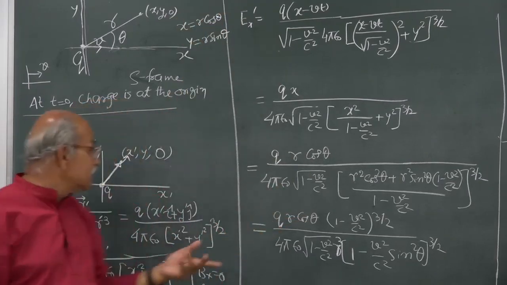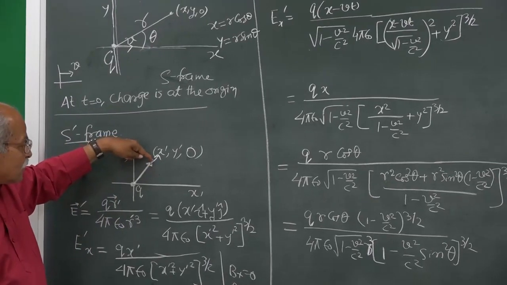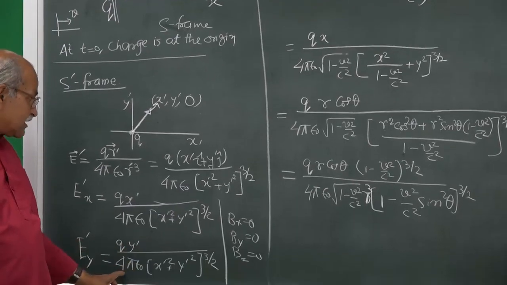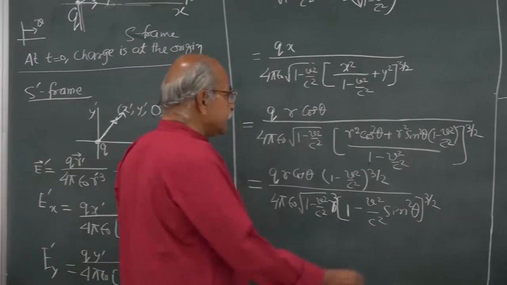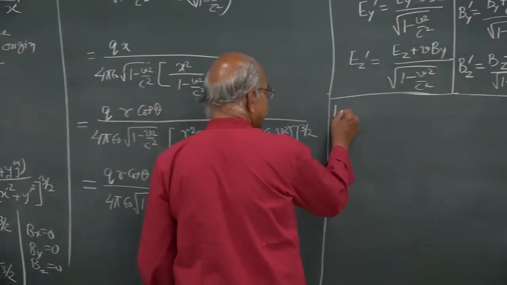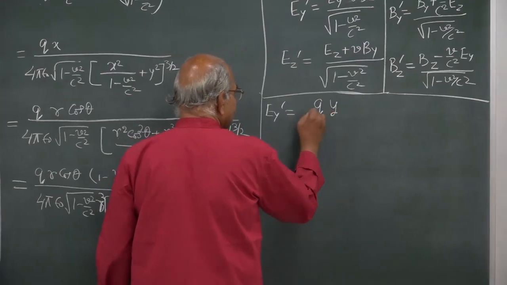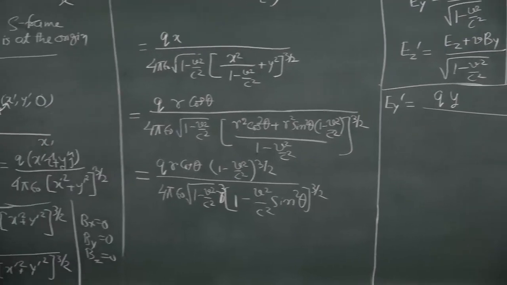So, the field in this primed frame, the y component that I will be writing, is E y prime equal to q y prime. Y prime is same as y.